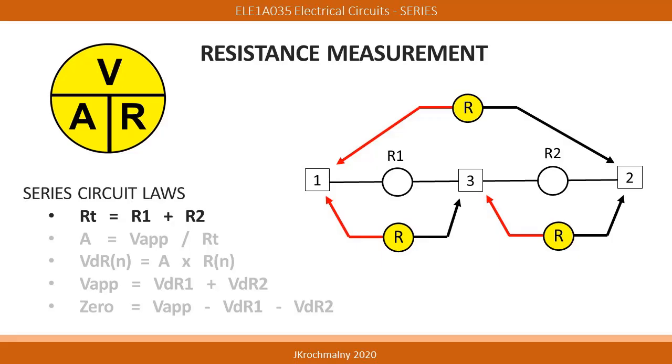The meter could be placed between terminals 1 and 2 to measure the series electrical circuit total resistance. The meter is also placed between terminals 1 and 3 to measure the resistance of the R1 load, and between 3 and 2 to measure the resistance of the R2 load.